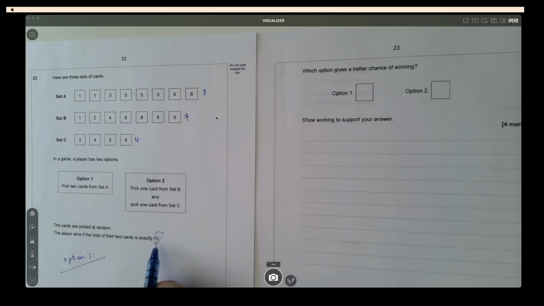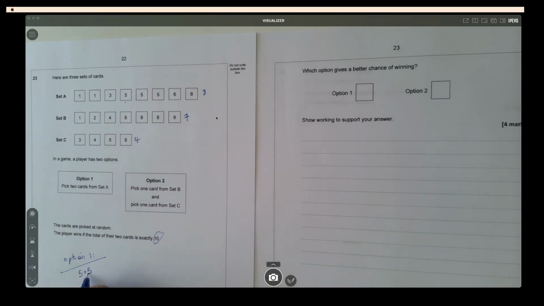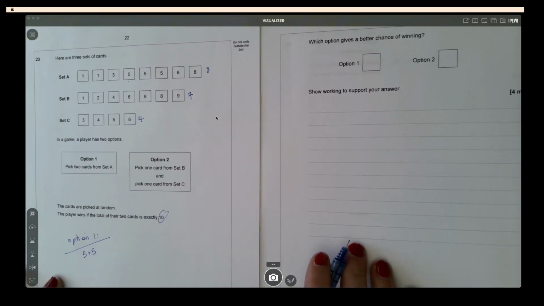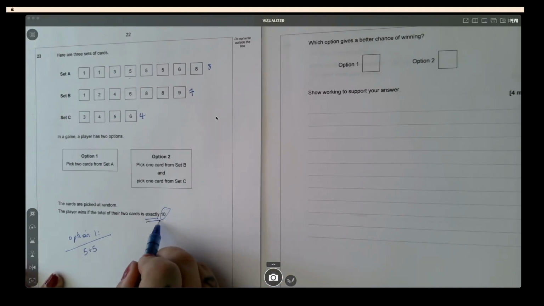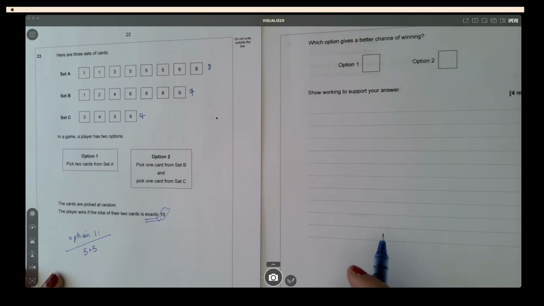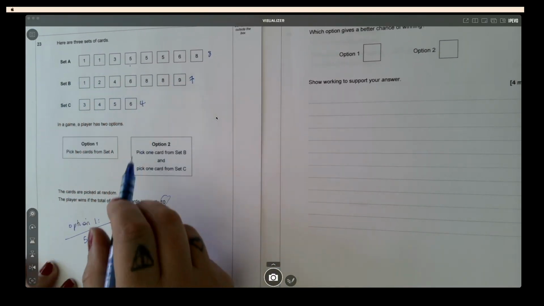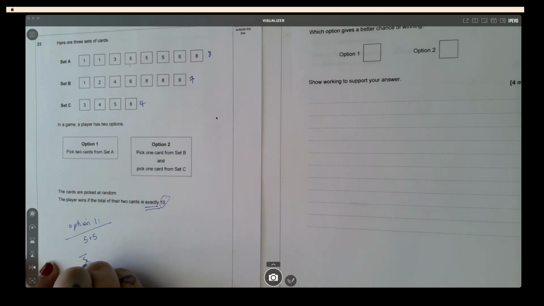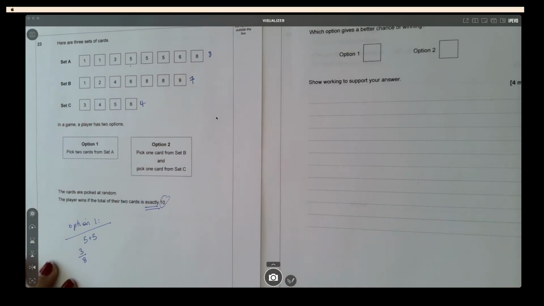Okay, so if we're looking at option 1, if we want a total of 10, the only way we can make a total of 10 in option 1 is to do 5 plus 5. There are no other cards that, if we added them together, would give an exact total of 10. So let's work out the probability of that happening. If we pick out the first card that's a 5, we're picking out of 8 cards, and there are 1, 2, 3 possible options that we pick a 5.